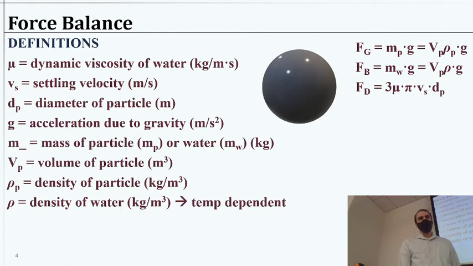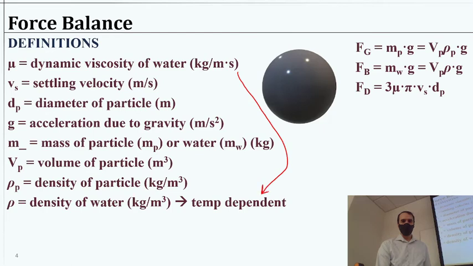One thing to note here is the density of water is going to be temperature dependent. So we'll have a lookup table for that. The viscosity of the water will also be temperature dependent. So I'm going to add this here as well. We'll have a couple parameters that we need a lookup table for given the temperature of the water.